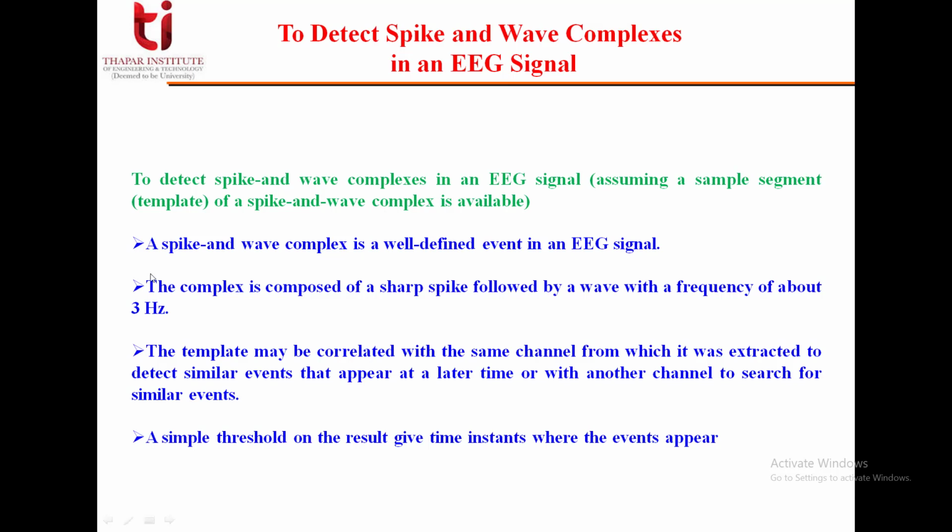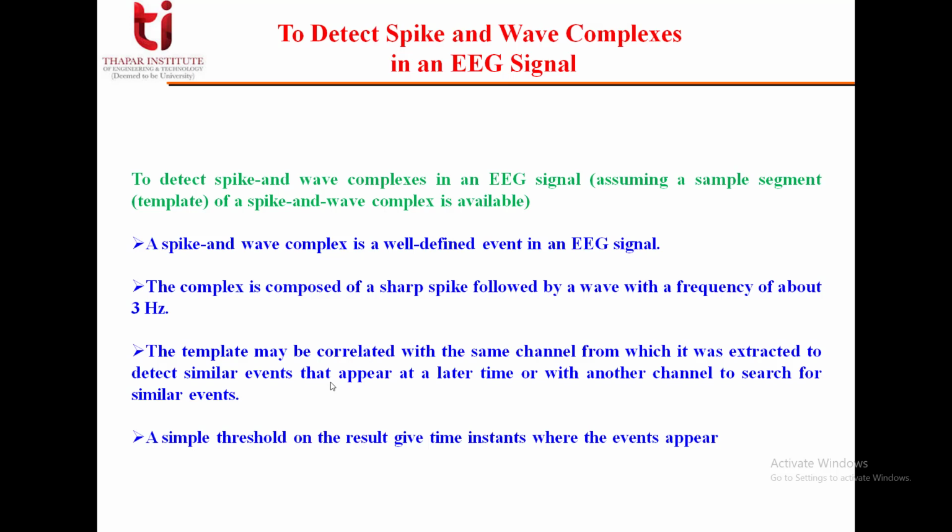We are assuming that we have one template, so what we will do is the template will be correlated. Again in this we will use the application of correlation, so that template will be correlated with the same channel from which it was extracted to detect the similar events that appear at a later time, or we can also use the cross correlation function if we want to detect that spike and wave complex in another channel.